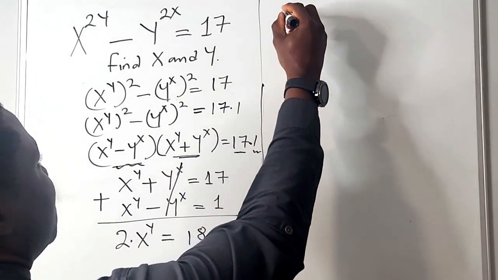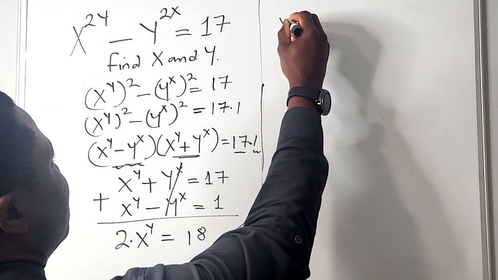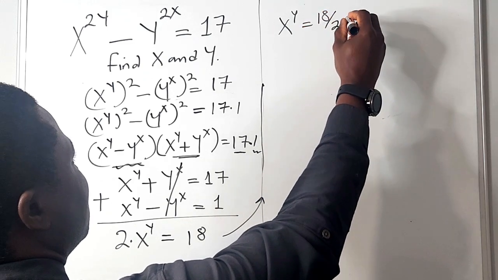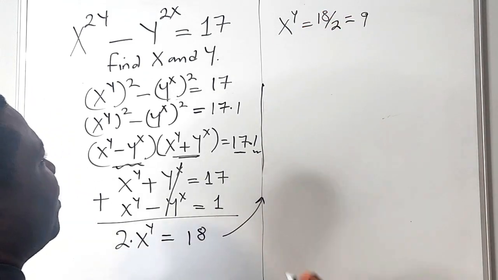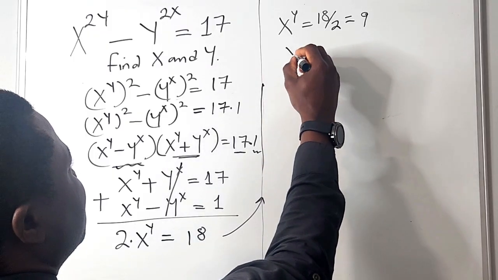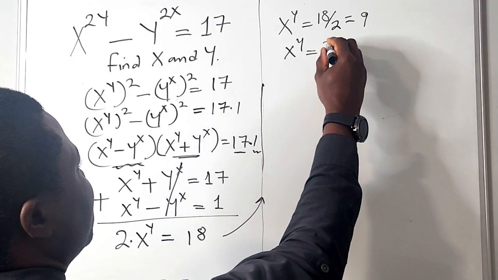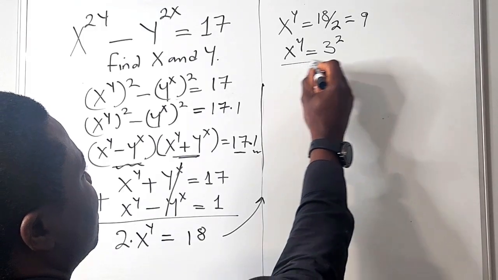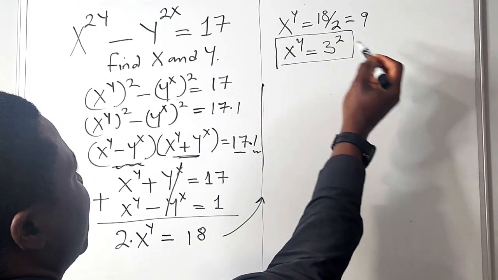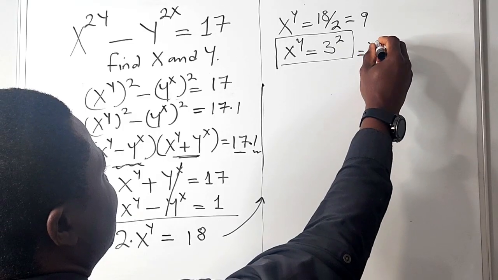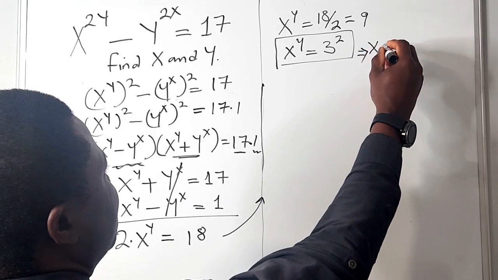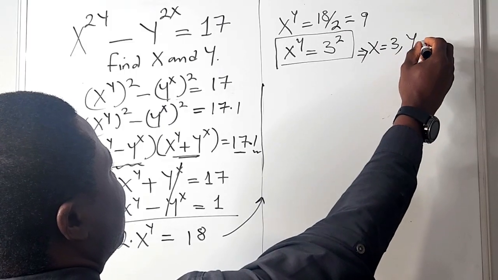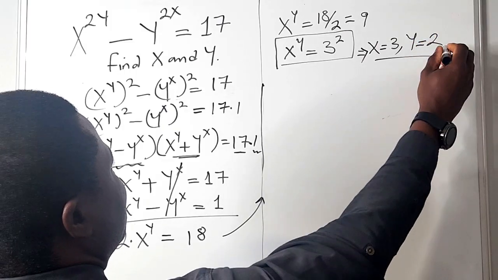So x raised to the power y is equal to 18 divided by 2, which will give us 9. Now, x raised to the power y is equal to 3 squared. So if we consider this answer, we can see that the x corresponds to 3 and the y corresponds to 2.